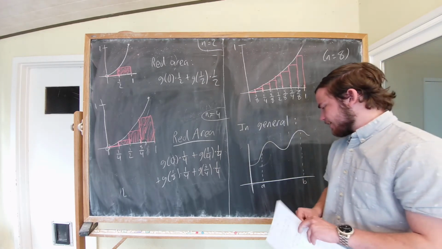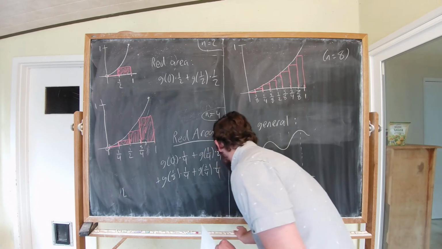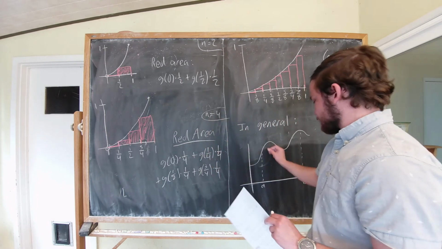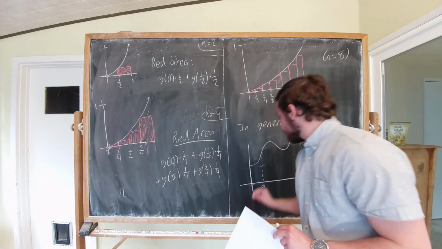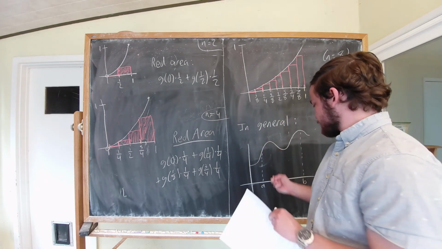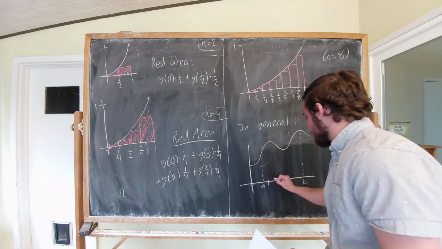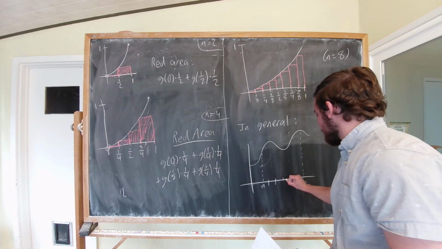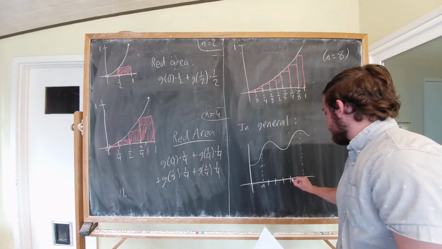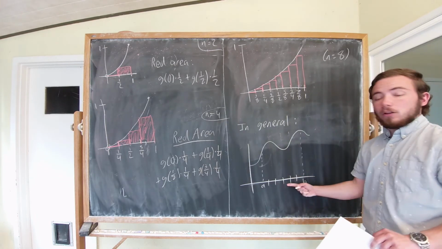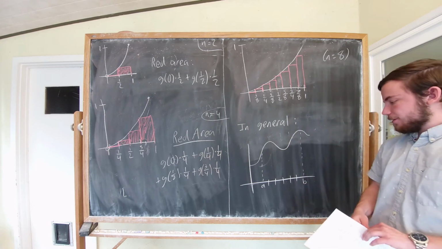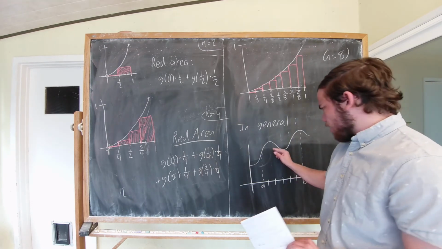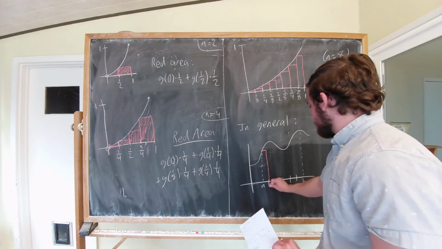And let's say we divide into some odd amount of rectangles. Say rectangle here, here, here, here, here. So all with equal length. And if we draw our sum, we'd get something like this.